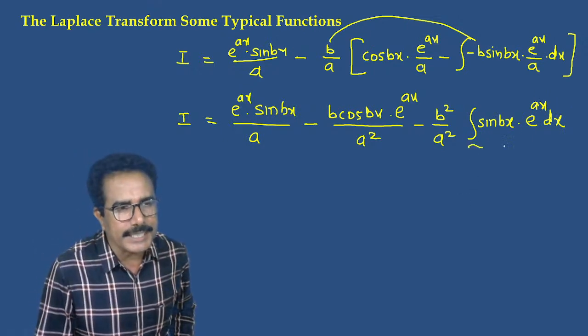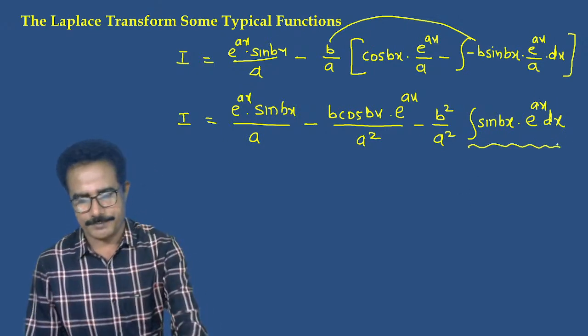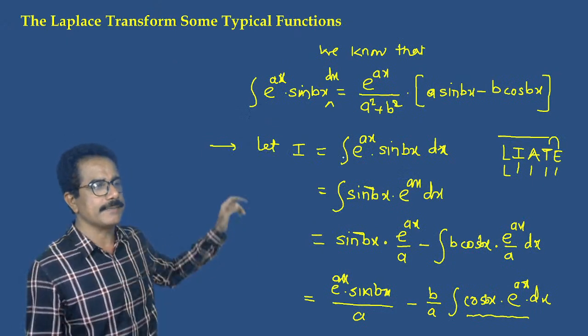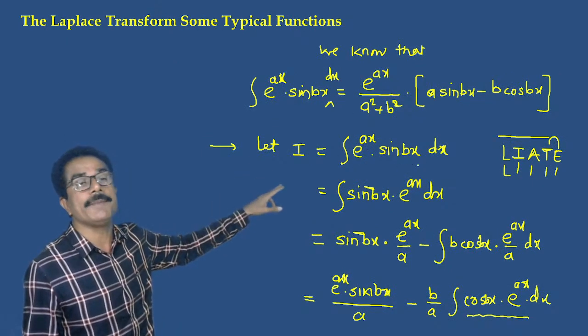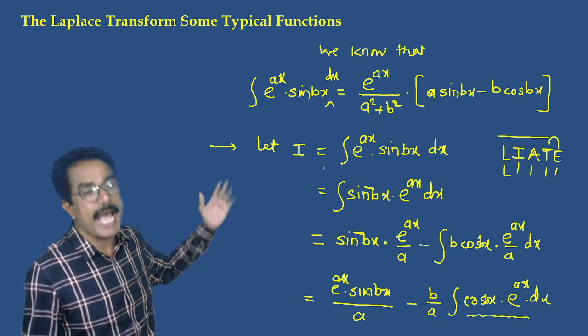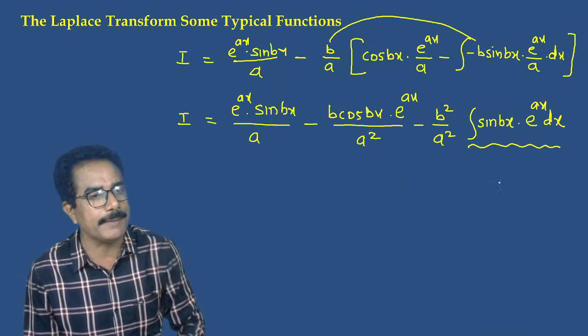Now this integral is the repeated integral. Actually main integral is e raised to ax into sin bx dx, we can replace by I because we will get the repeated integral.